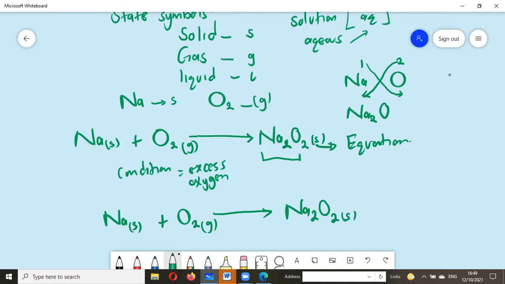Then on balancing, I have 2 over there, and this one is also 2. I think that one is balanced. Is it balanced? Yes. Very good.